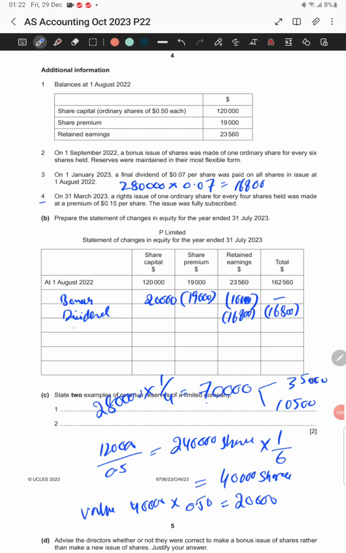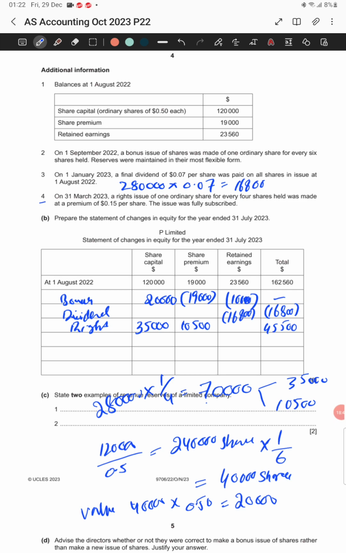This means rights shares will increase the share capital by 35,000. 10,500 share premium will be increased, and total 45,500 equity will be increased.